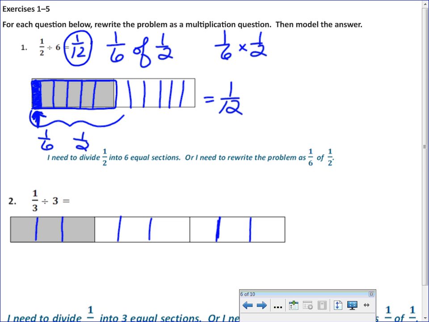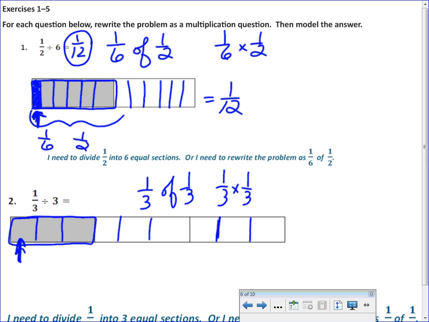So if I divided it by 3, here's my 1/3, divided it by 3. What is that now worth? What is 1/3 of 1/3? Or what is 1/3 times 1/3?